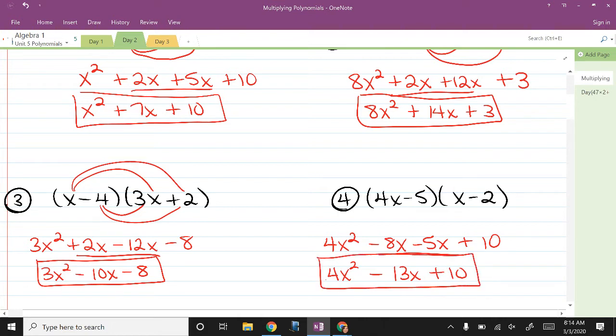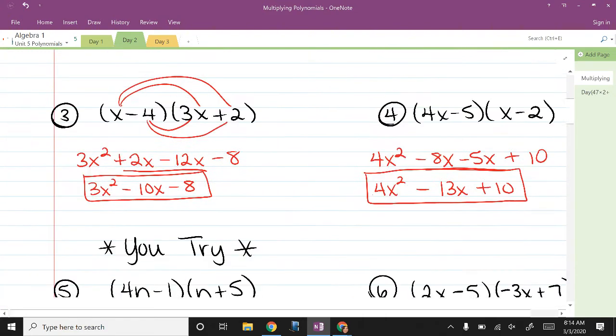Okay. So any questions about FOIL method so far? I want you guys to try these two.